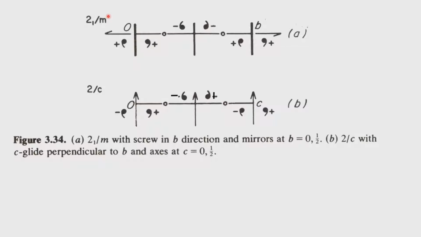So, the take home from this particular slide is whenever you have a non-translation involved symmetry element, that particular non-translation involved symmetry element, for the fact that it is a centrosymmetric space group, because 2 1 by m will translate itself to a P 2 by m point group.